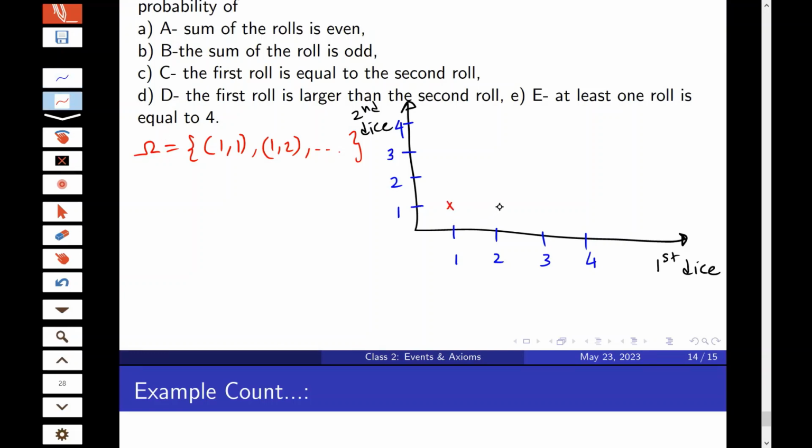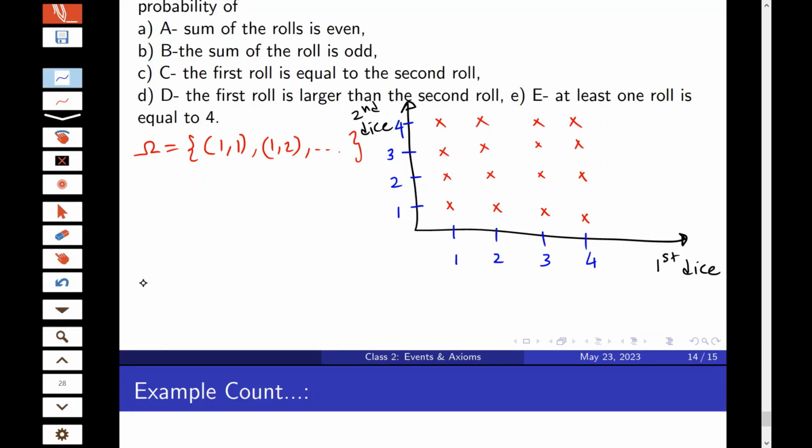It's 1 1, 1 2, 1 3, 1 4, 2 1, 2 2, 2 3, 2 4, 3 1, 3 2, 3 3, 3 4, and here 4 1, 4 2, 4 3, 4 4. So here it denotes all the sample points.